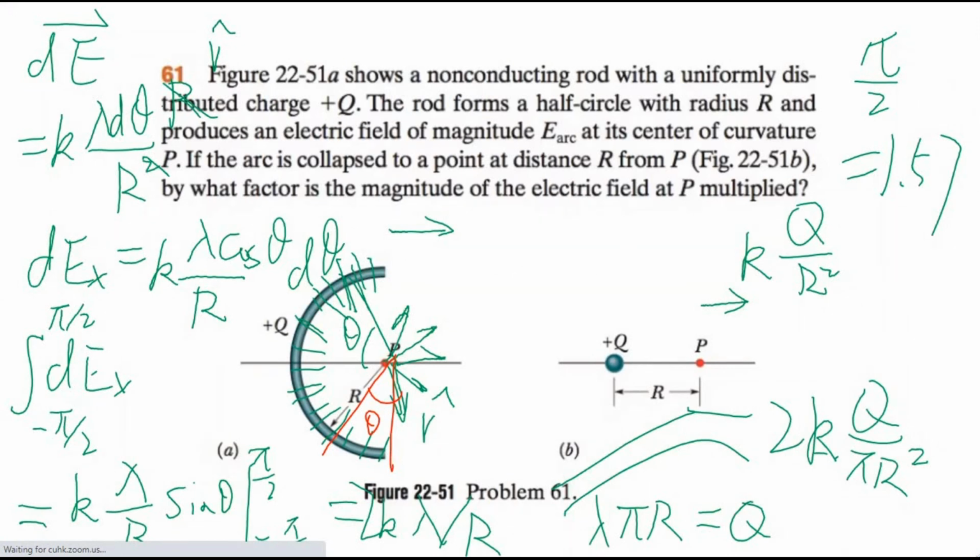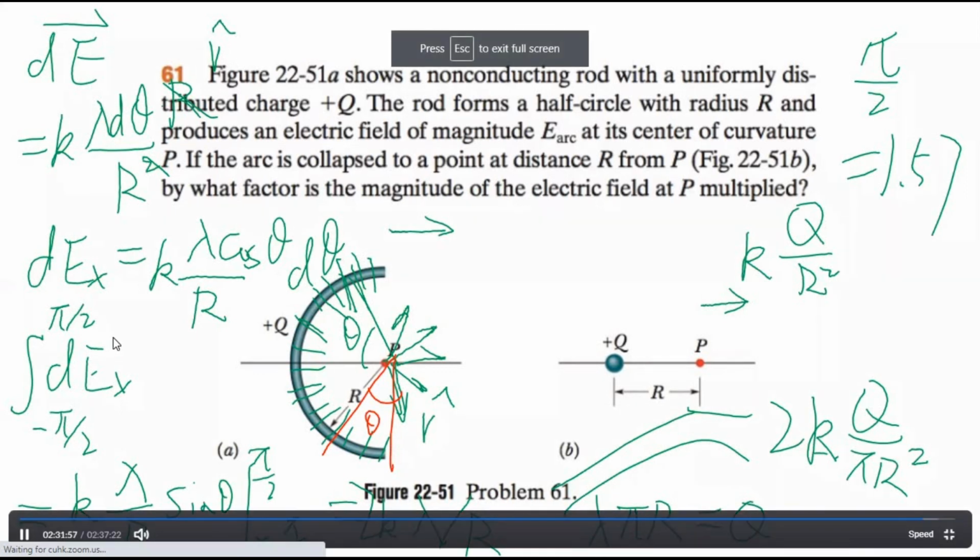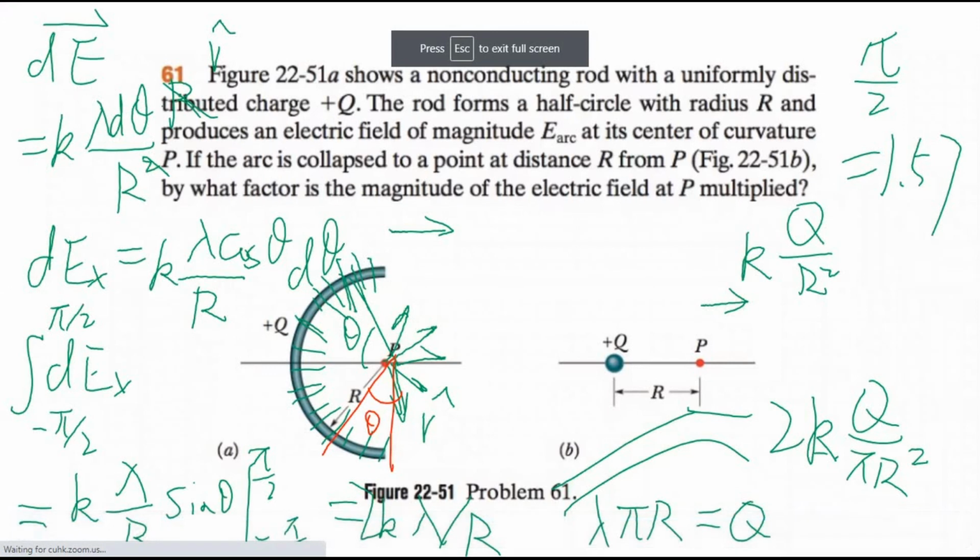If you define it as this angle, it's probably not cosine theta, it should be sine theta, and after integration it will be cosine theta, integrated from 0 to pi. That would still be 2 after integration, so you will get the same result. The question is how you define theta.